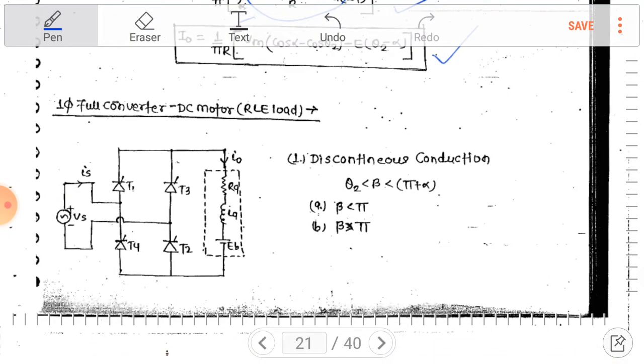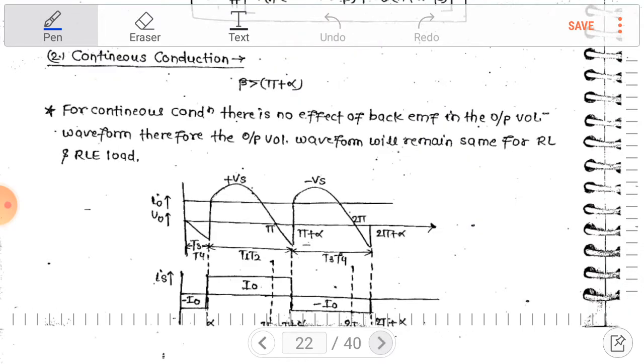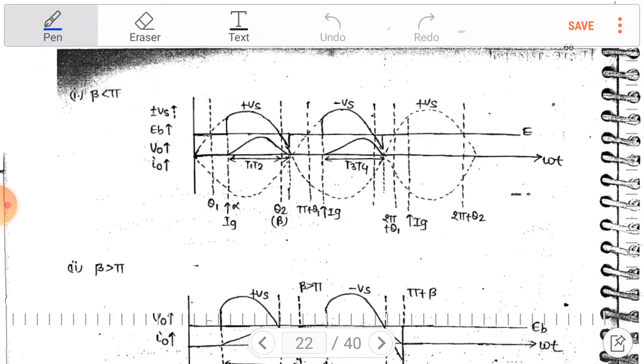Next one is the single phase full converter DC motor with RLE load. RLE load means resistance, inductance, and a back EMF source existing in the DC motor. It is divided into two parts, for beta less than pi and beta greater than pi.